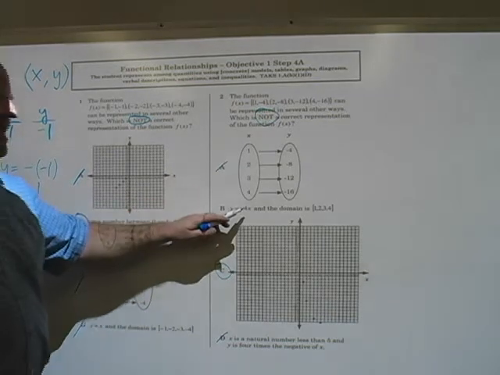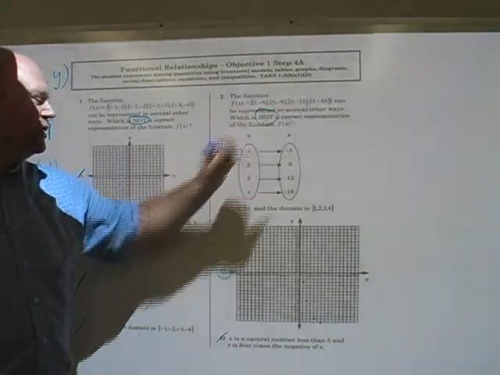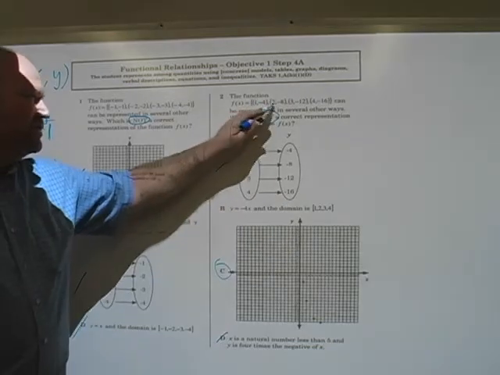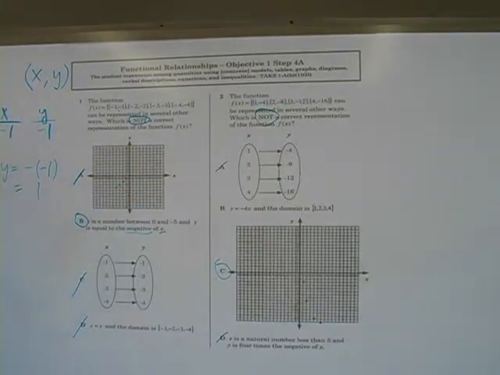Answer B, y equals -4x, that's true, and the domain is 1, 2, 3, 4. So, okay. These are kind of the same.